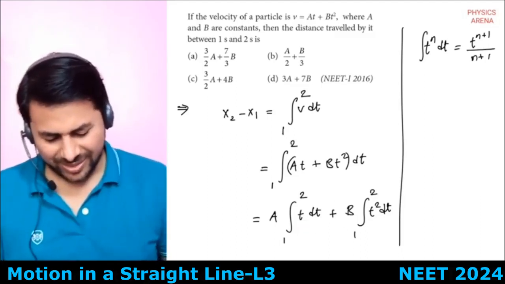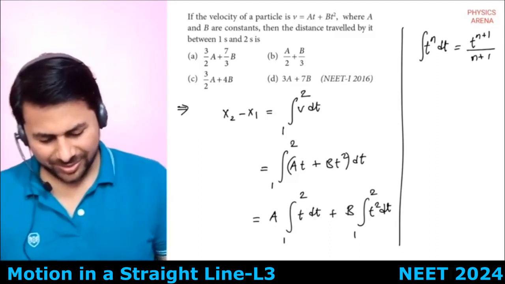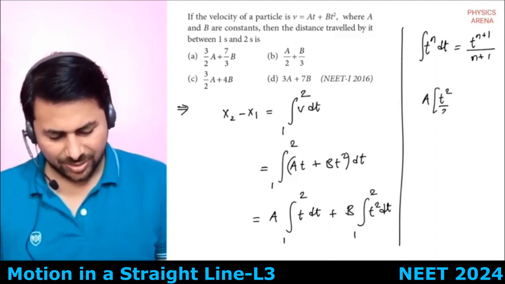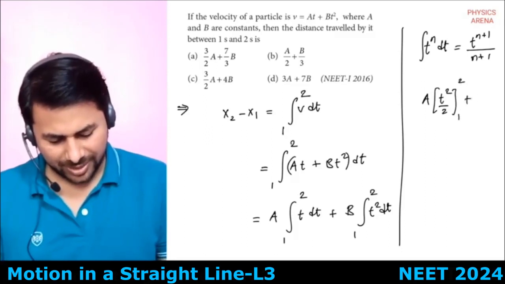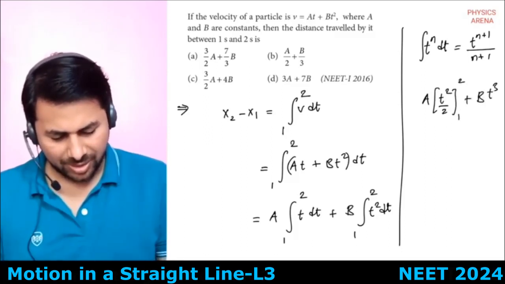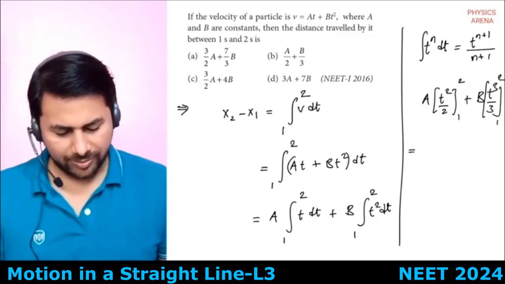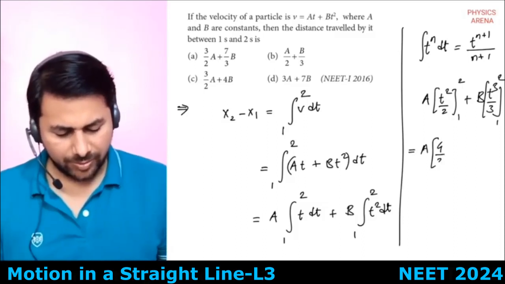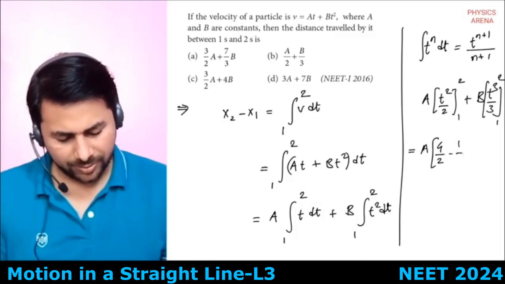So it is t¹ dt from 1 to 2. So t² by 2 from 1 to 2 plus you have b times t³ by 3 from 1 to 2, and that will be equal to a times t² is 4 by 2 minus you have 1 by 2.